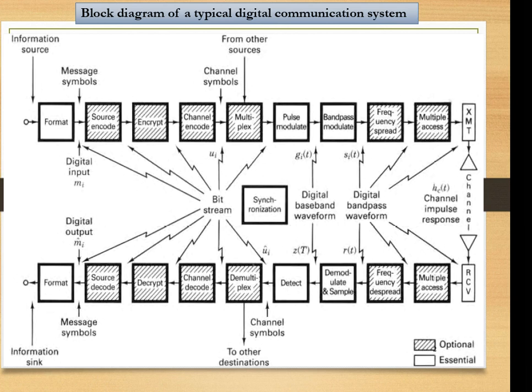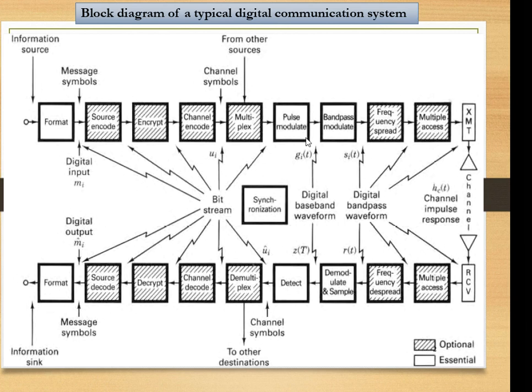Like you can sort them in time, put them back to back in time, put them back to back in frequency, put them on top of each other in power, put them on top of each other in code. Whatever mechanism you use, the goal here is to be able to put the data coming from different sources together without causing any interference, and you make sure that the receiver can decode his personal data, his intended data, successfully without getting interference from the other users. So this is the goal.